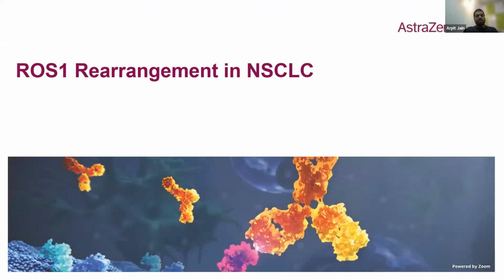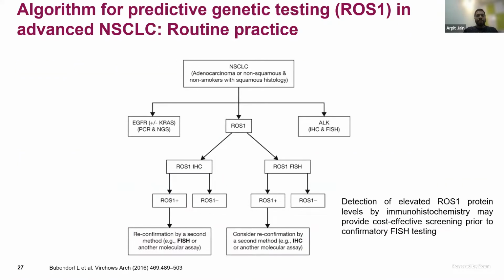Next. Then comes the ROS1 rearrangement testing in NSCLC patients. Next. So again, this particular algorithm showed that testing for ROS1 should be done by two methods. If we initially conduct ROS1 by IHC, it needs to be confirmed with FISH testing.